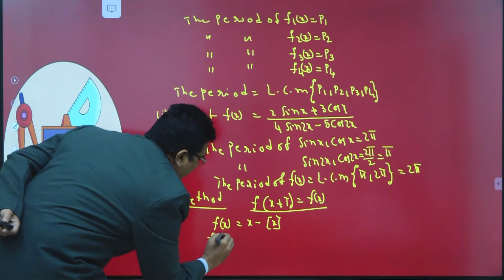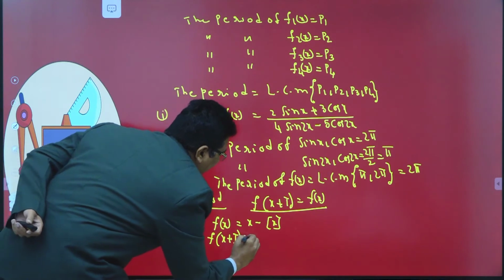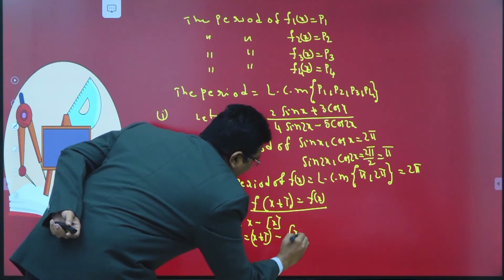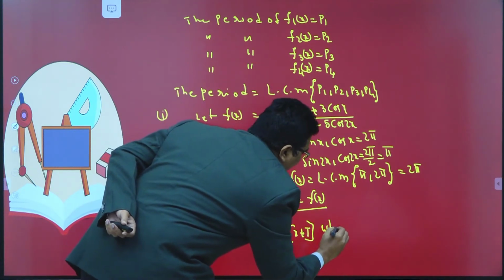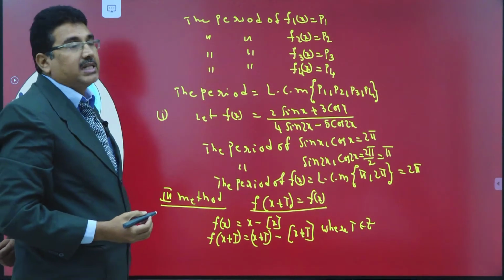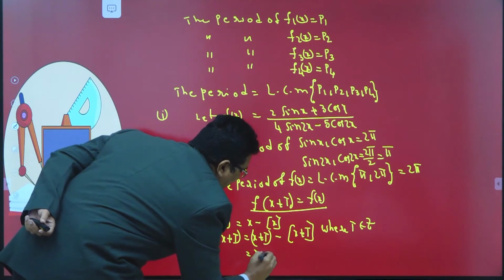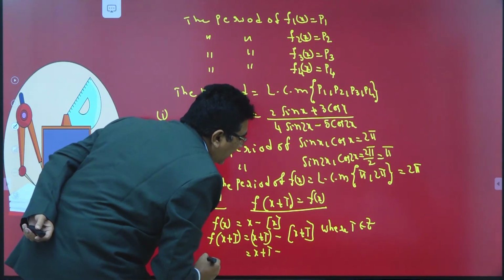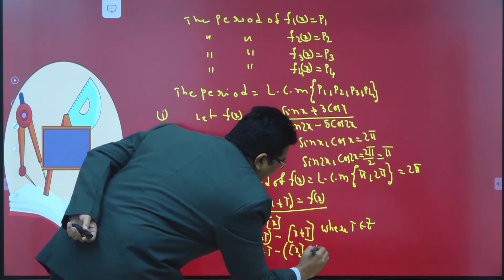Let us suppose f of x plus t is equal to x plus t minus box of x plus t, where t is an integer, where t belongs to Z. Right, here t is an integer, so this can be written as x plus t minus box x plus t.